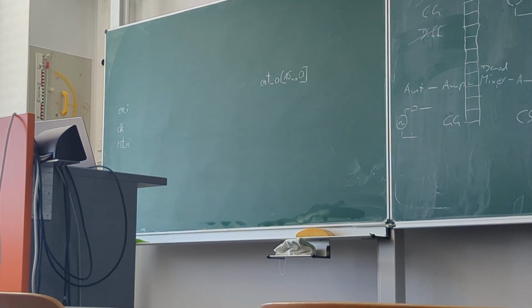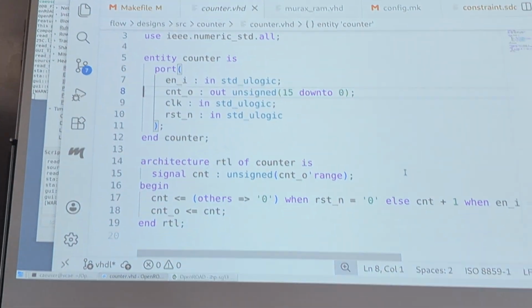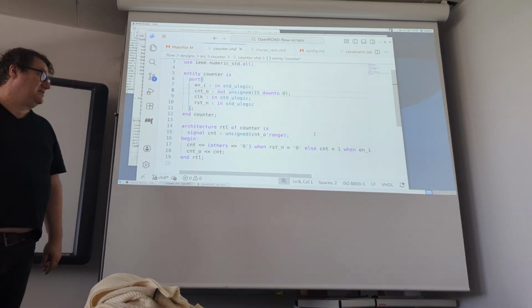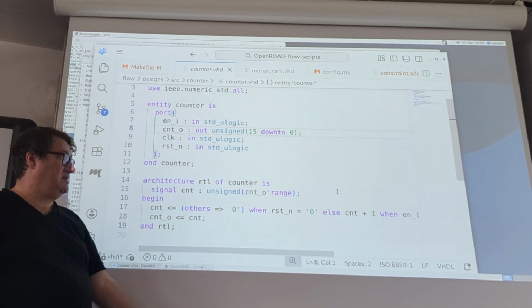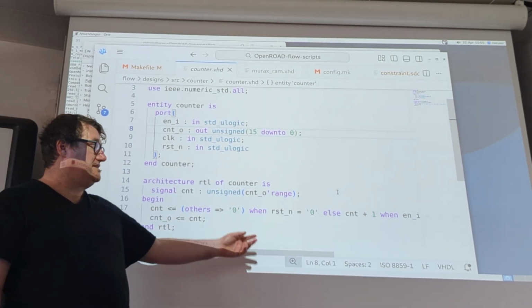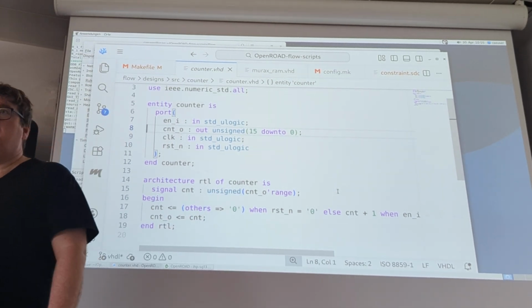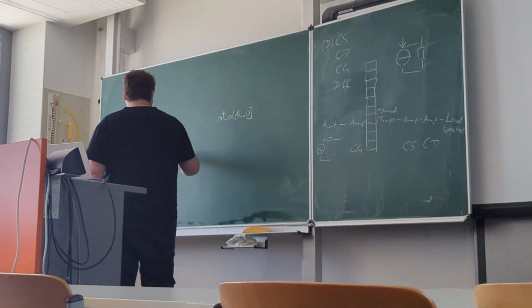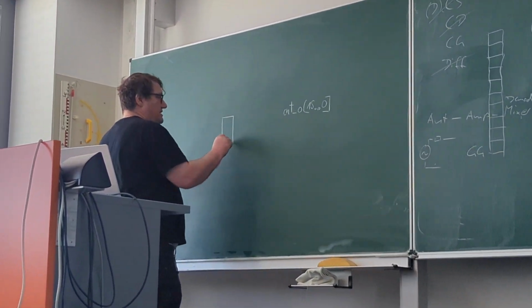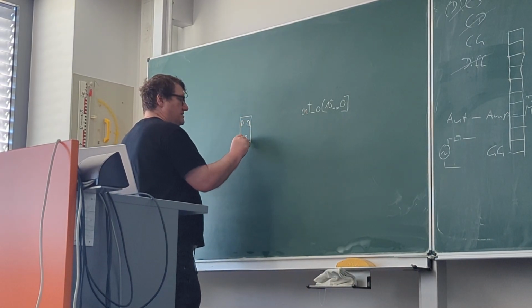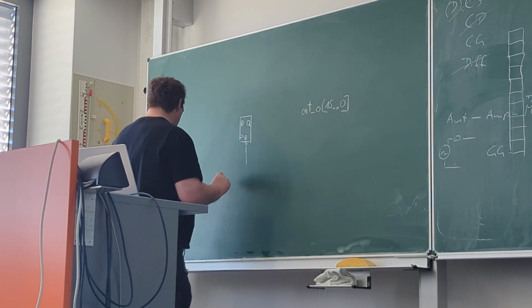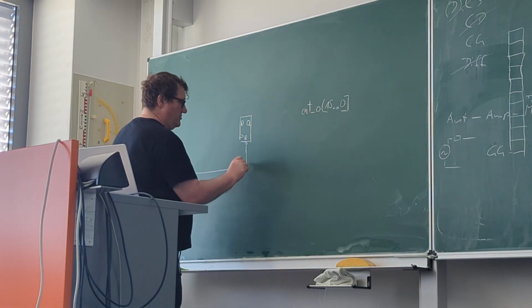Now we have to interpret this VHDL code and make a drawing out of it. What does it say? It says count should be all 0 when the reset is active, meaning we will introduce a register which has 16 bits and has a low active reset.